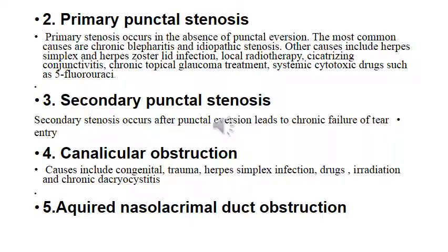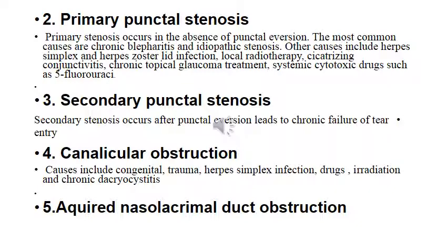The remaining causes of acquired obstruction are either punctal stenosis, which could be primary or secondary, or obstruction in the canalicular system, or in the nasolacrimal duct. So any site of the lacrimal drainage system can be the source of obstruction, either the puncti, the canaliculi, or the nasolacrimal duct. These are the causes of each type, which is very important.